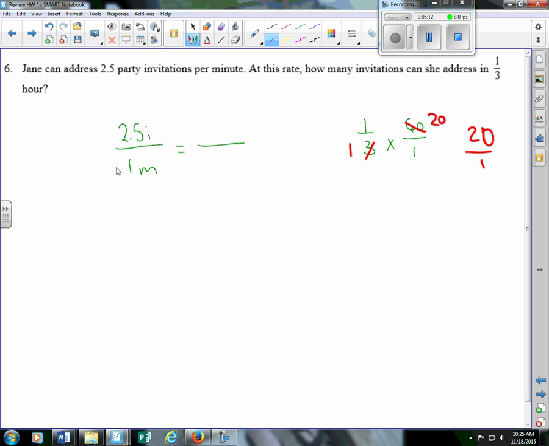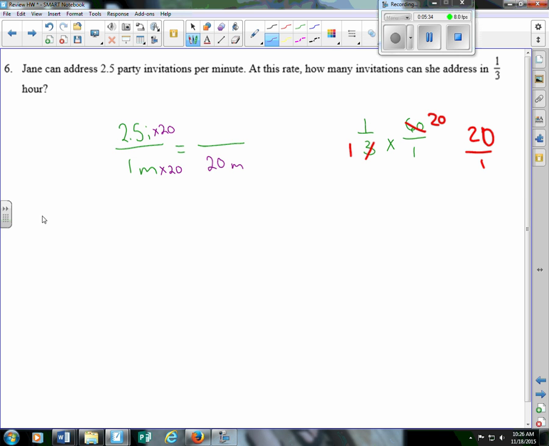So we know this is 20 minutes. Well, whatever you do to 1 goes into 20, 20 times. 2.5 times 20 is going to be, I get 50, but let's just do it off to the side to make sure.